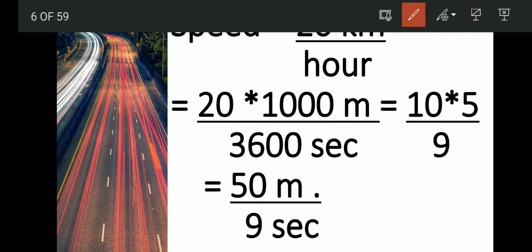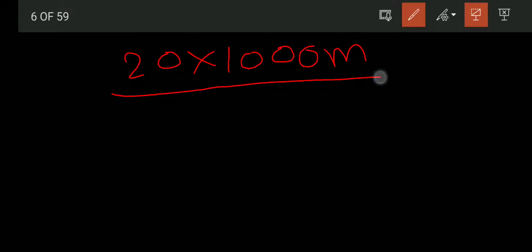I'll show you the calculation. This is 20 into 1000. This is 20 kilometer into 1000 meter. We are converting kilometer into meter divided by 3600 seconds.